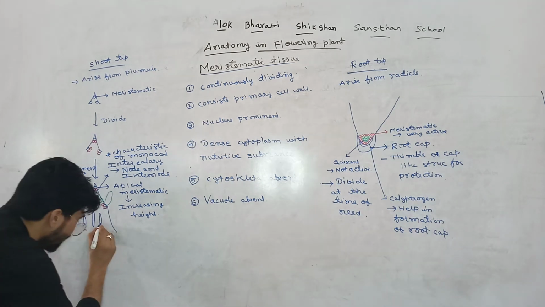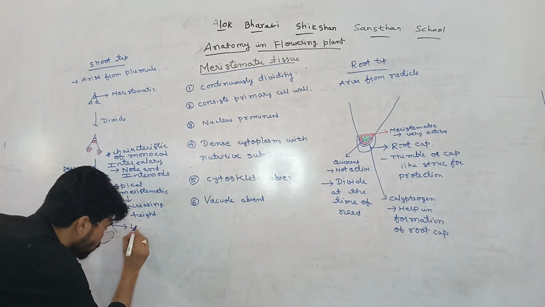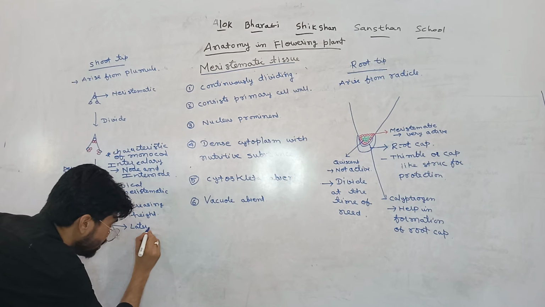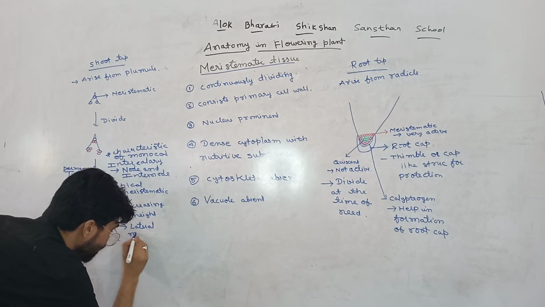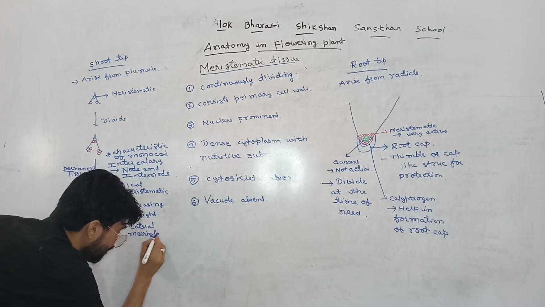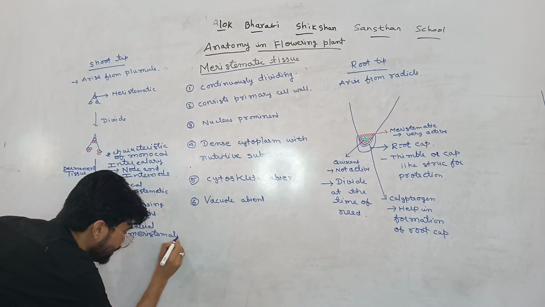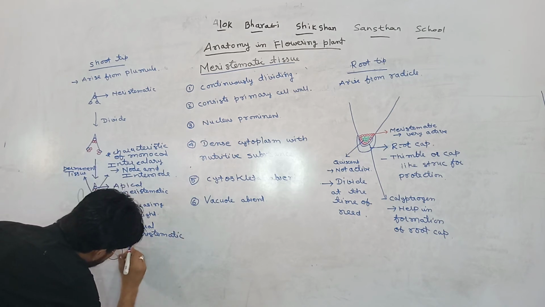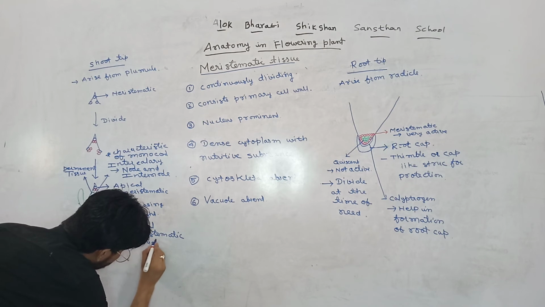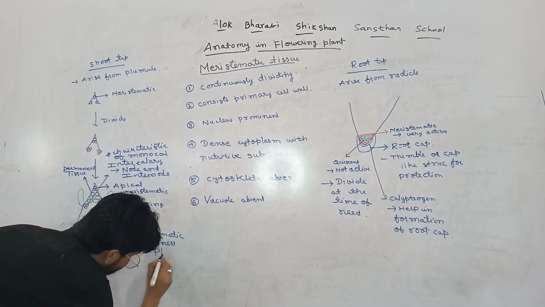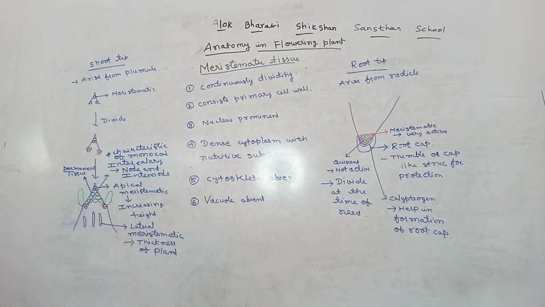So these are all lateral meristematic tissue, which help in increasing the thickness of the plant.